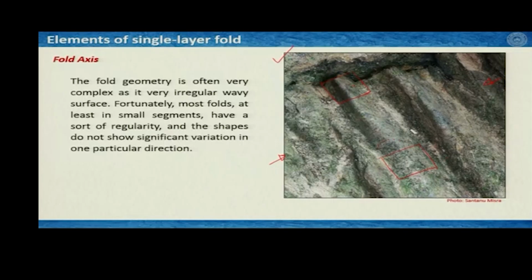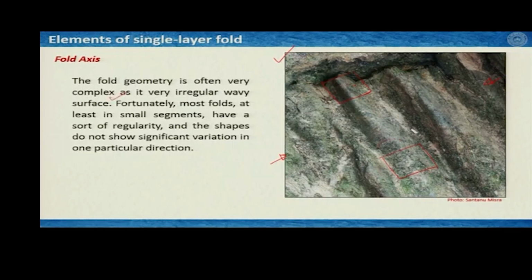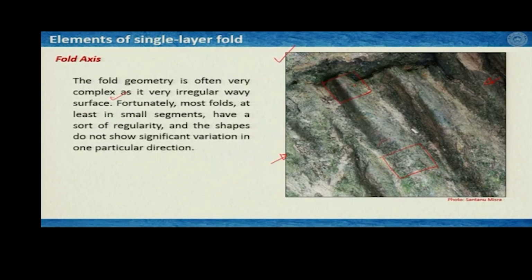So, it is extremely heterogeneous, but as we have learned, no matter how heterogeneous the structure is, there is always a small segment of the structure where you can find some sort of homogeneity. Fortunately, most folds, at least in small segments, have a sort of regularity, and the shapes do not show significant variation in one particular direction.